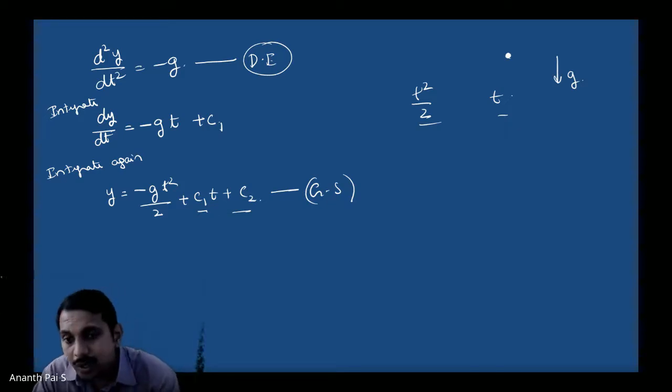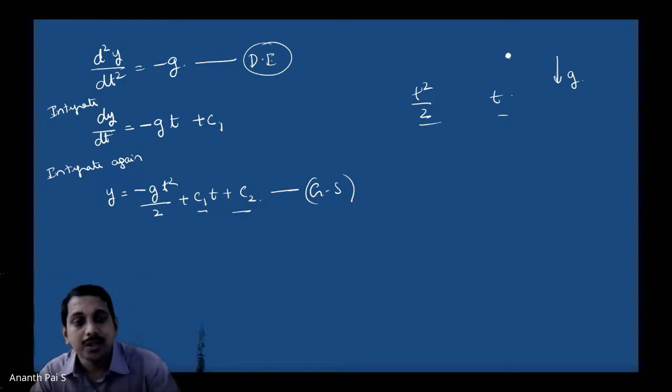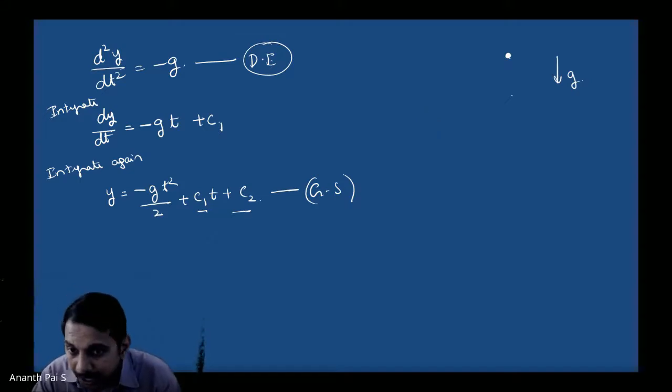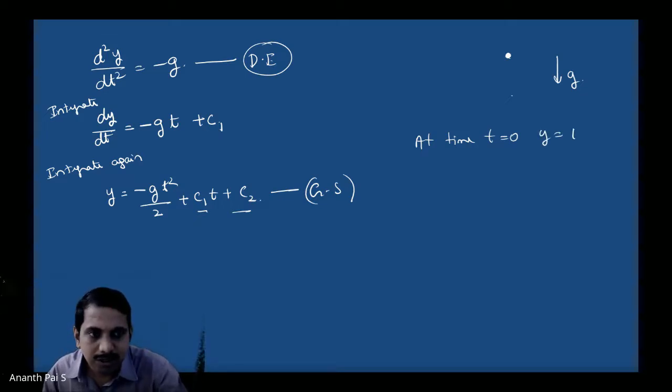Now here, this general solution, we'll ignore this for a bit. In this general solution, how to find out C1 and C2? Let me say at time t is equal to 0, y was 100 meters.